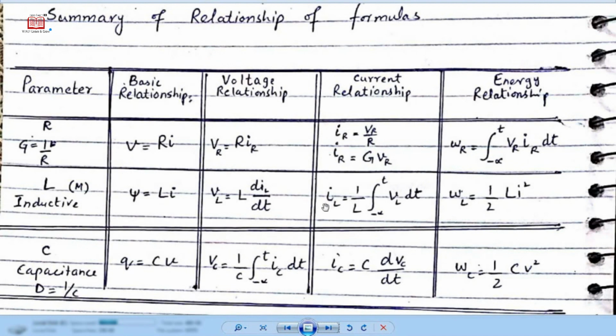And for this block, first you need to write this and then this, and from this you can write this one. Parallel blocks can be written from previous blocks. Like here, V is equal to I, 1 over C is the C inverse, and the integral replaces the derivation, and I is replaced with the voltage.